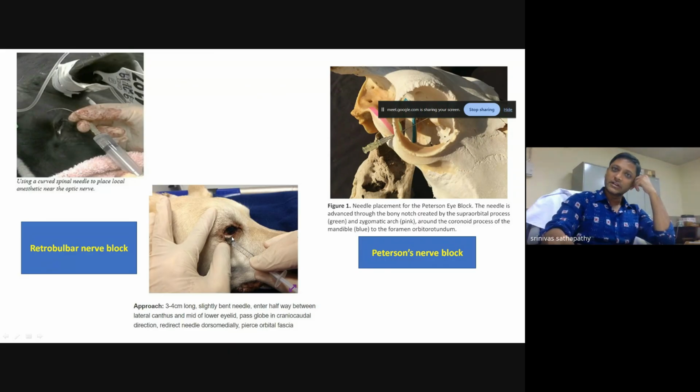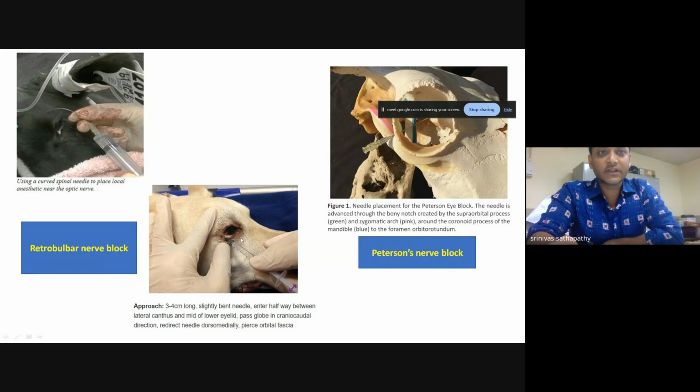So if you inject the anesthetic solution at these 4 points, I have told you this is called 4-point nerve block. But once you are going for retrobulbar nerve block to the back side of the eyeball, you have to insert the curved needle at the midway, or halfway, between the lateral canthus of the eye and the lower eyelid.